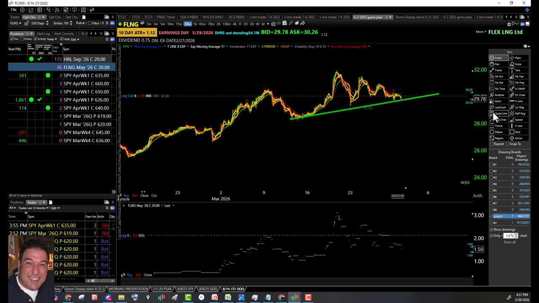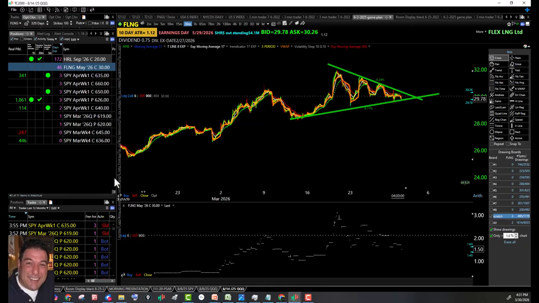We'll see what happens. We've got conflict over there in the Middle East, so there'll be some dynamic pressure on this product that they sell. So hopefully we get a bullish response to that dynamic pressure being put on the LNG market, liquefied natural gas market. So we'll see what happens with that.